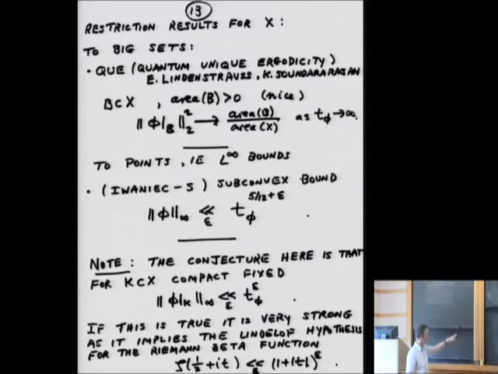So first I'm going to discuss mainly upper bounds, but the first theorem is actually also a lower bound. So suppose I restrict to a very fat set. So I restrict to a set which is like a little ball inside the manifold. So I look at the L2 restriction and I ask, how does that behave? This is essentially what's called the quantum unique ergodicity conjecture of Rudnick and myself, which was solved quite brilliantly by Lindenstrauss with a final technical thing missing that was done by Soundararajan.